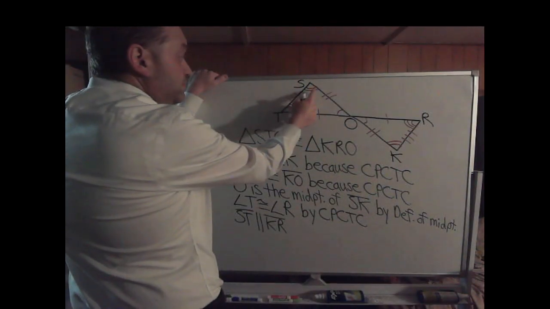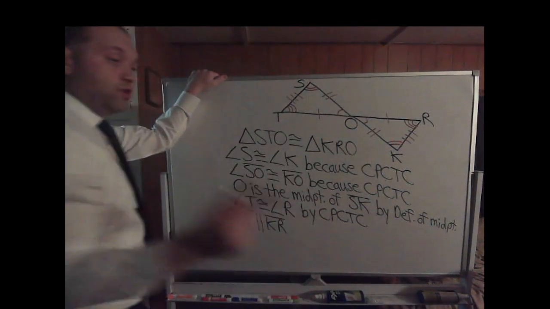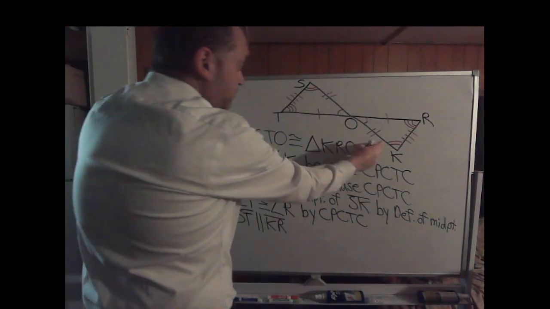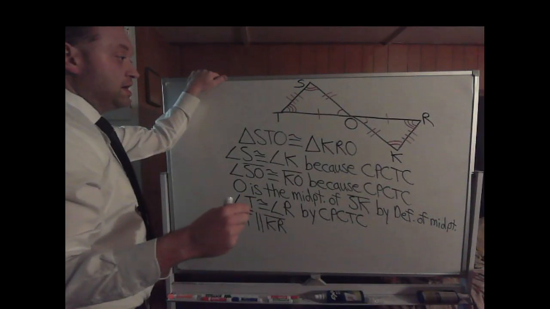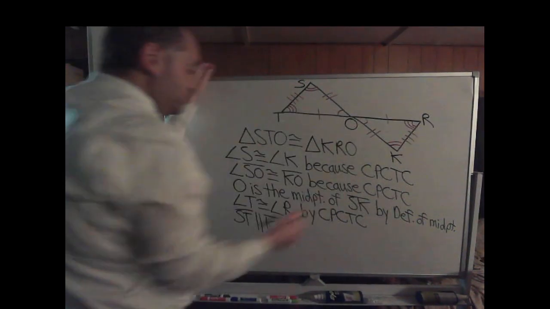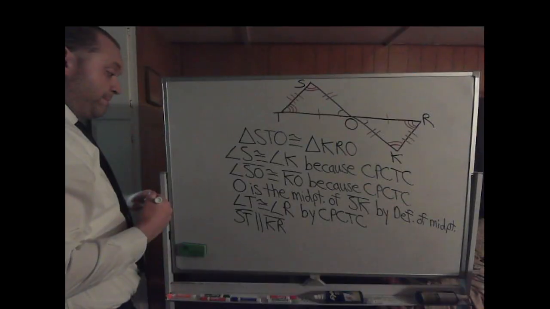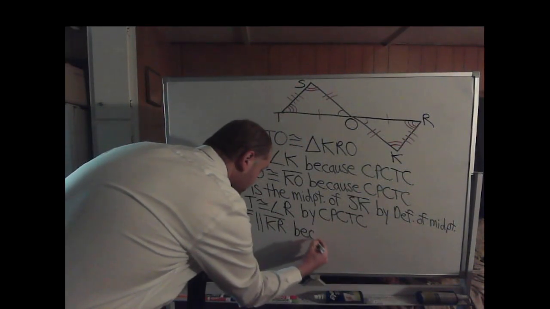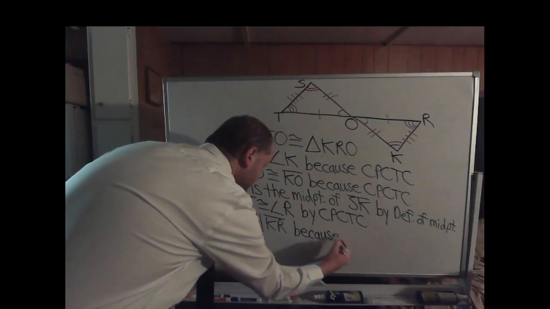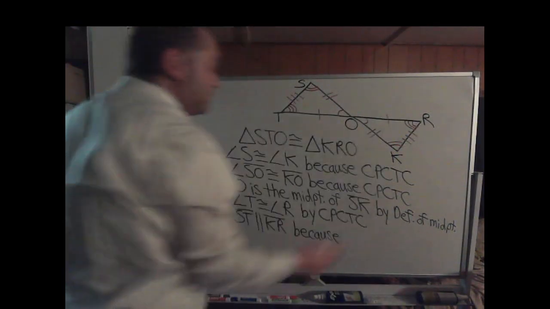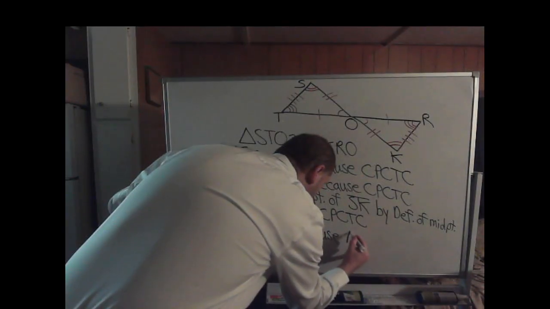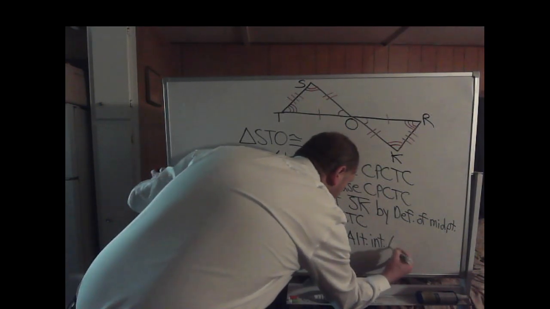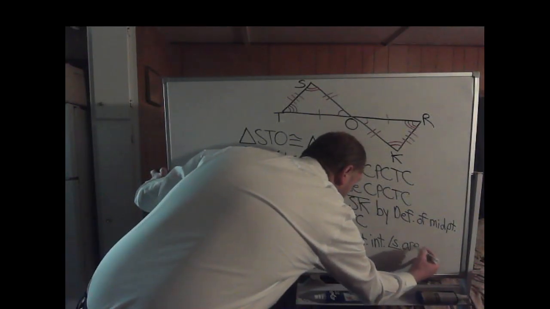Well, you have angle S and angle K which are congruent, right? Well, you have this transversal line segment SK. Wouldn't that make S and K alternate interior angles? So, since the alternate interior angles are congruent, we can say that line segment ST is parallel to line segment KR by alternate interior angles are congruent.